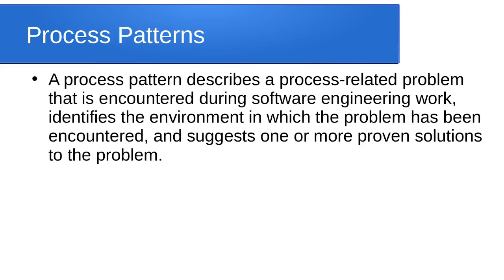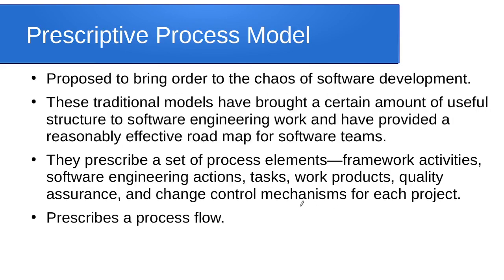Now let us understand what prescriptive process models are. In software development, if we did not have a particular way of development, we would just gather the requirements, keep communicating with the client or the stakeholders, and develop the software.